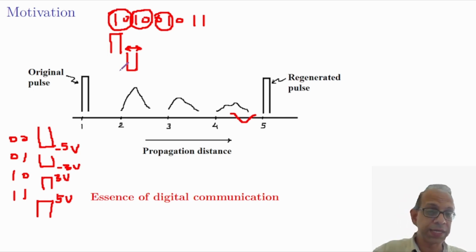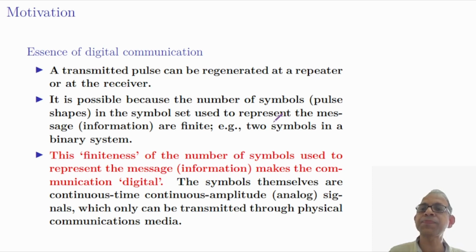Because note that when the signal is transmitted through the channel, it is anyway an analog signal that can transmit through a physical medium. So this is the essence of a digital communication system, and that makes it a very robust, rugged system, very much noise resistant.